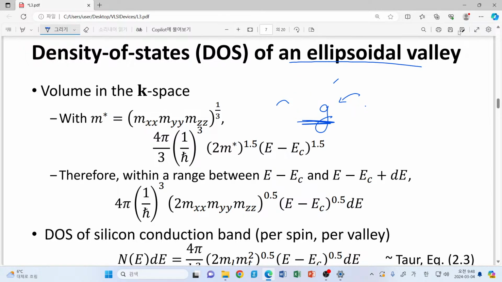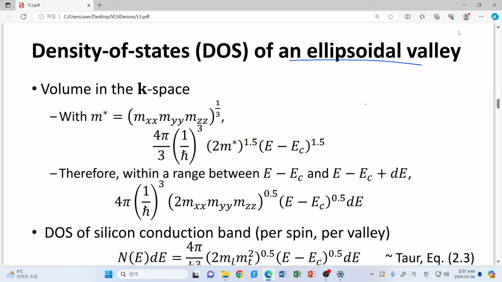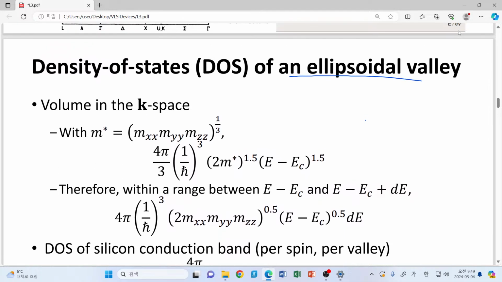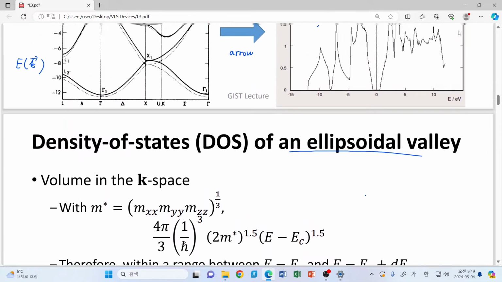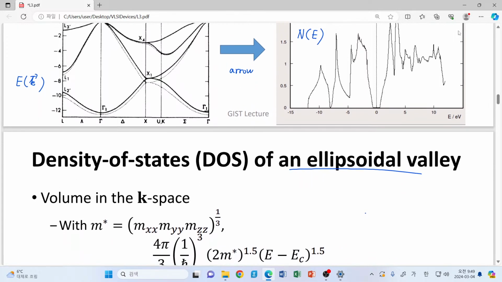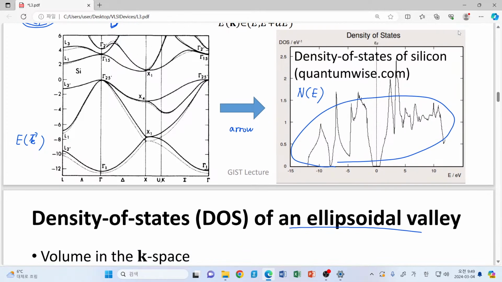Okay, then now let's try to calculate the density of state in the ellipsoidal valley. Of course, what I want to say is this is just an analytic approach, and if we have really this calculation, this kind of thing cannot be obtained from our simple analytic approach.